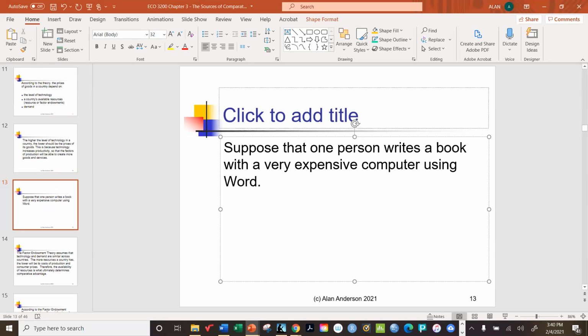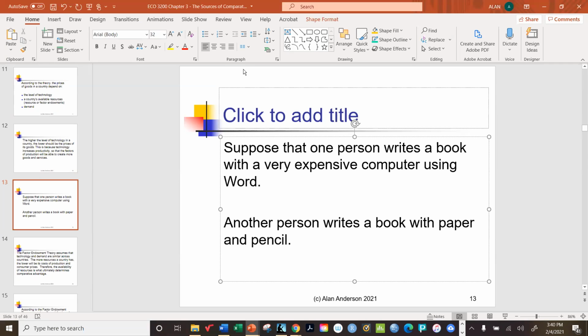And so imagine another person writes a book with a paper and pencil. So now you can see the first author is taking advantage of the technology.